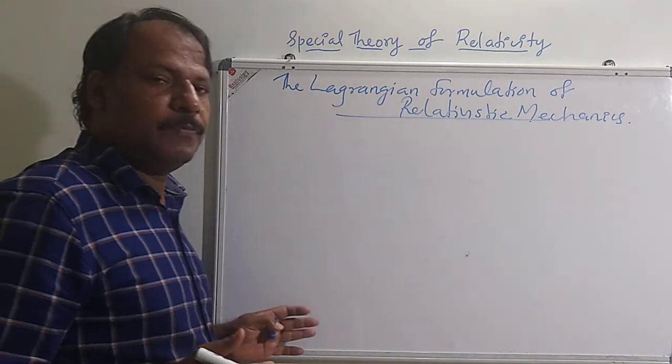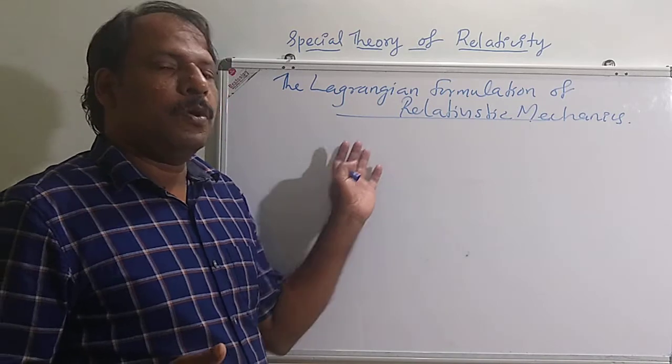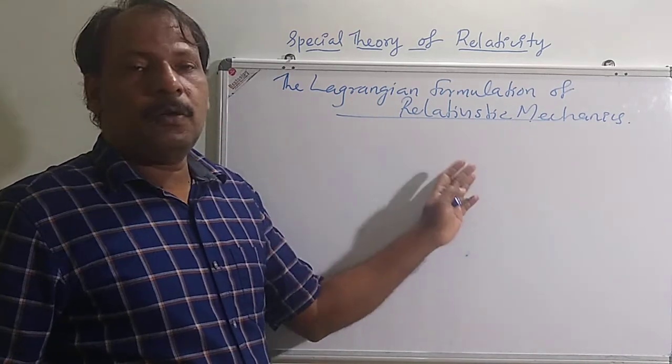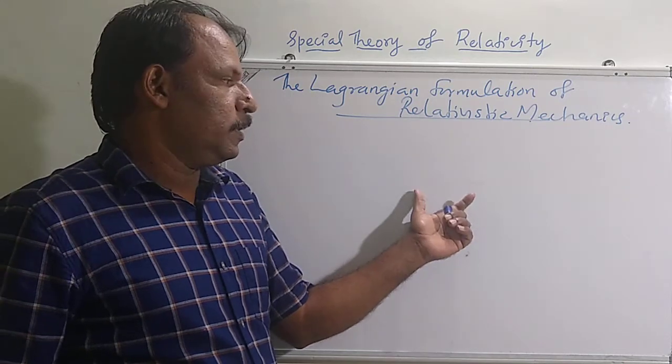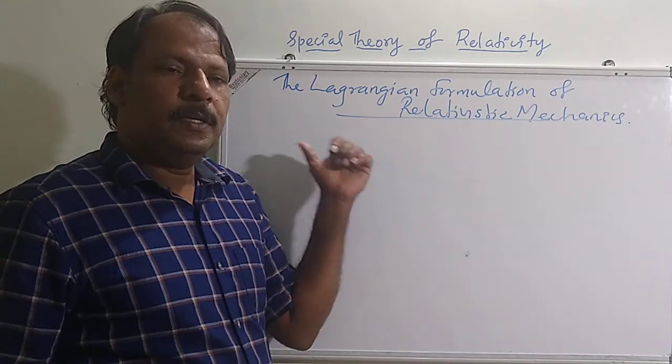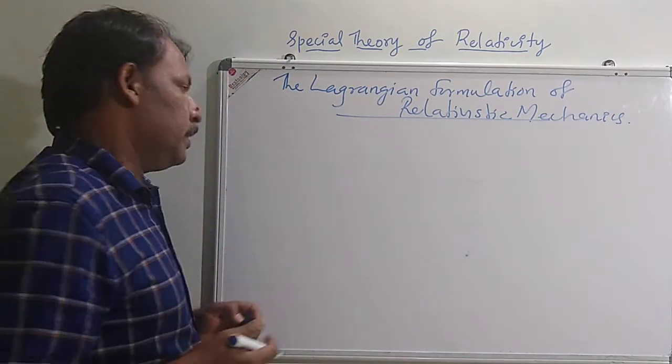If you can represent a physical quantity in four vector form, you can multiply that four vector by the Lorentz transformation matrix, and then you will have the quantities in the new coordinate system.